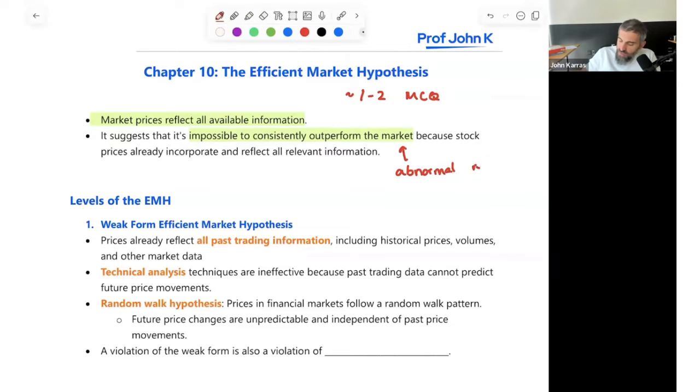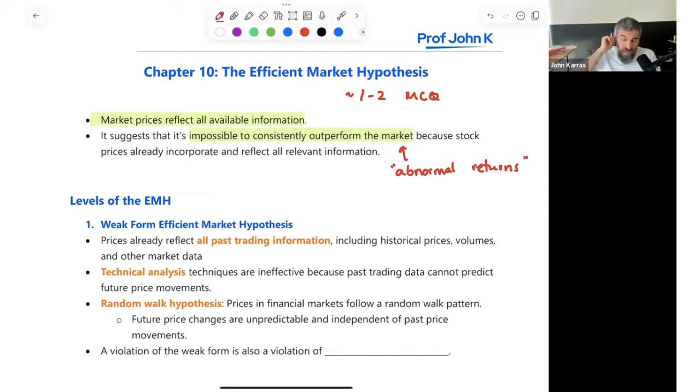Abnormal returns are returns that exceed what you should be able to do, right? If ever you see abnormal returns, it basically just means beating the market. Nobody should be able to earn abnormal returns consistently. Again, you could do it this year, maybe next year, but you should not be able to do it consistently. Everyone should kind of follow the market.